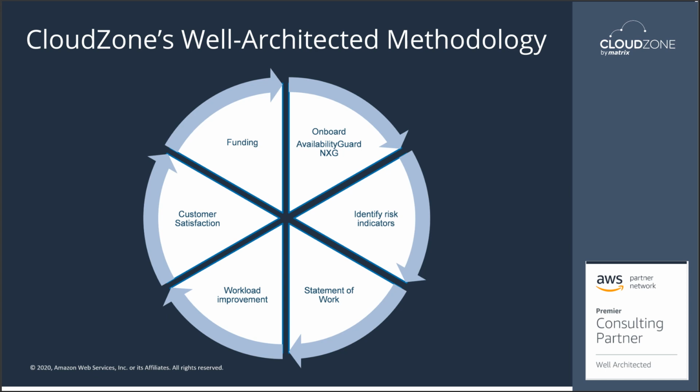And then we complete the discovery with a session with one of our architects, who identifies more risk indicators that usually come from architectural decisions rather than plain rules in the AWS account.